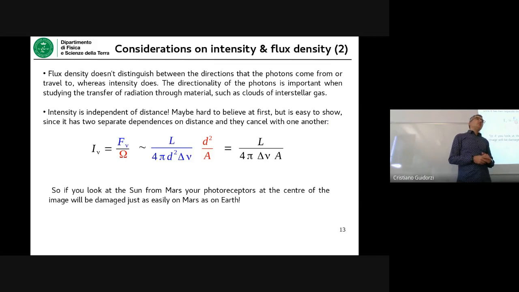So given that your vision works on the measure of intensity and not the flux, it means that if you look straight at the sun for the same amount of time when you are on Mars, at a distance of about 220 million kilometers rather than 150 million, you risk the same kind of damage.